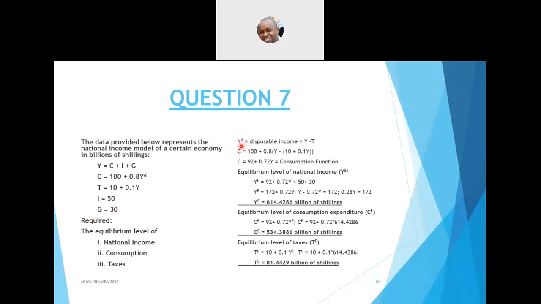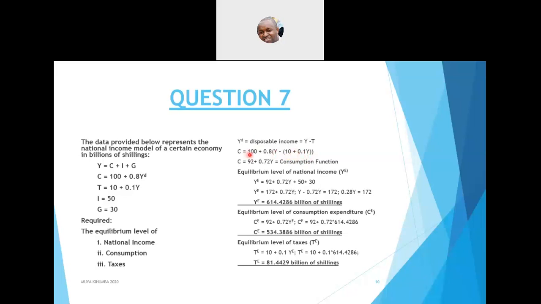We've already mentioned that YD is disposable income. And if I substitute for Y minus T here, I'll have 100 plus 0.8 Y minus tax, which is 10 plus 0.1 Y. Very fast, opening this inner bracket here, this sign will change.